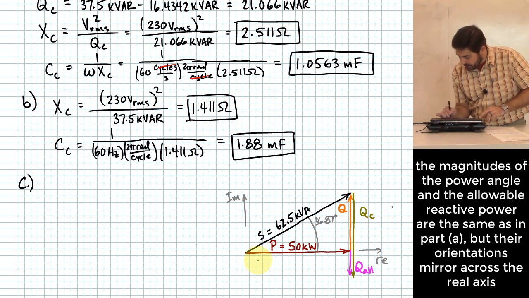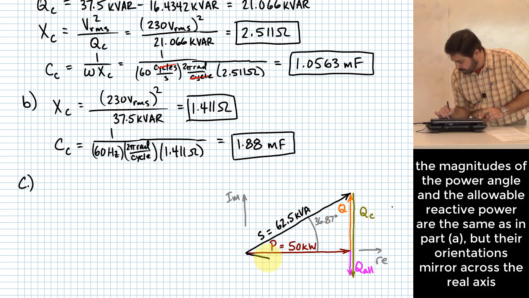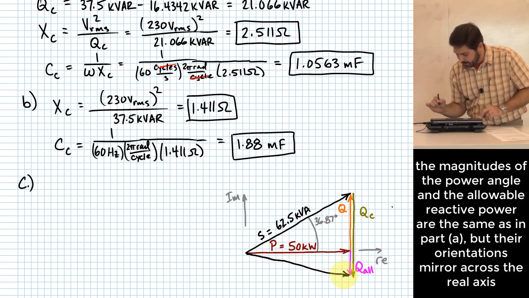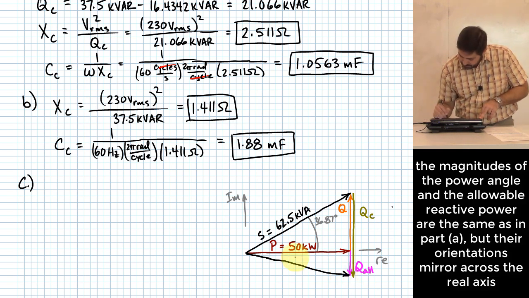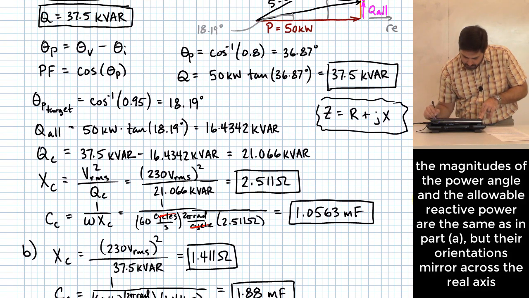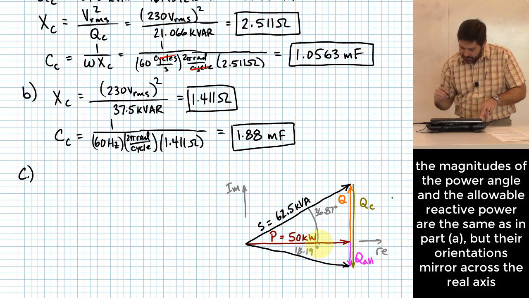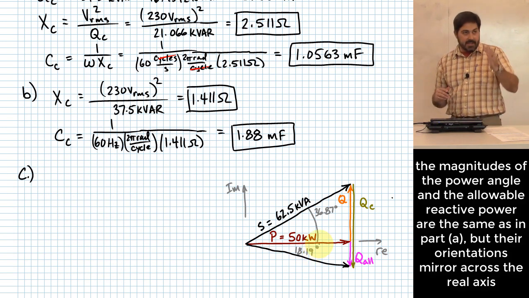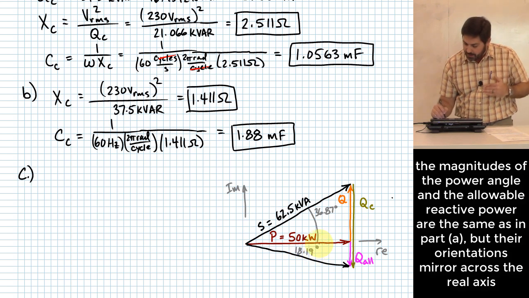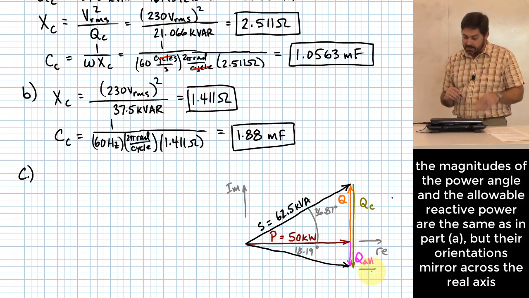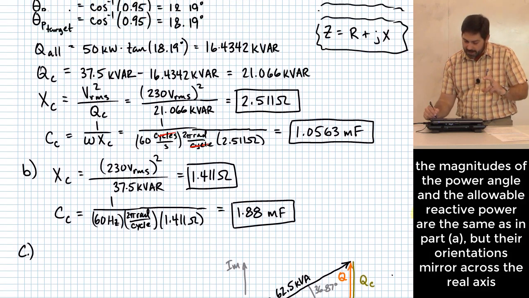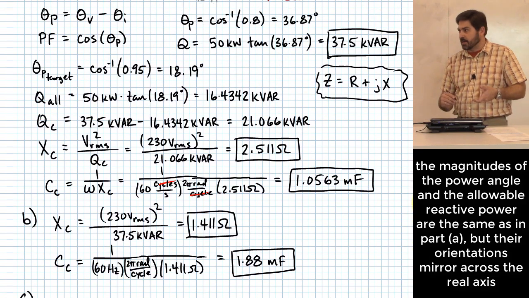Now, we can do even more than that, because we remember that a power factor of 0.95 led to an angle for our new complex power vector that comes down like this. We remember that the angle we had there was 18 point something, 119 degrees. That power factor of 0.95 creates the same angle right there, and also means that this Q allowable quantity is the same value as I had in part A. It's just flipped around and pointing the other direction.